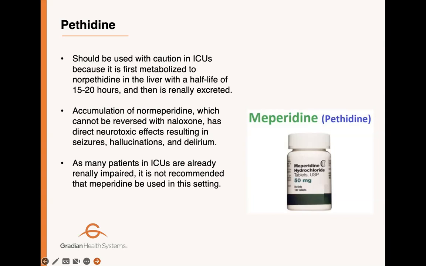For post-op patients who are just in the ICU for post-op purposes, you can use pethidine because you know their renal and liver function is okay. But for a septic patient with multi-system compromise, pethidine can be a very challenging drug to use.